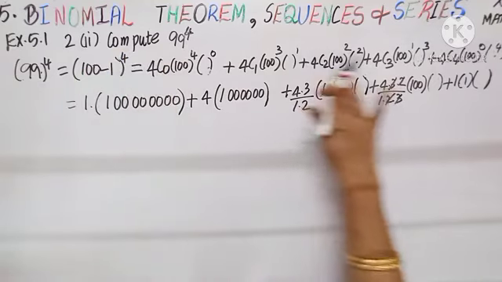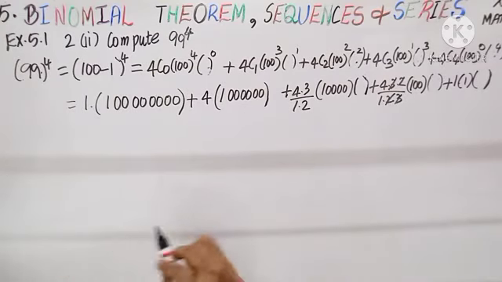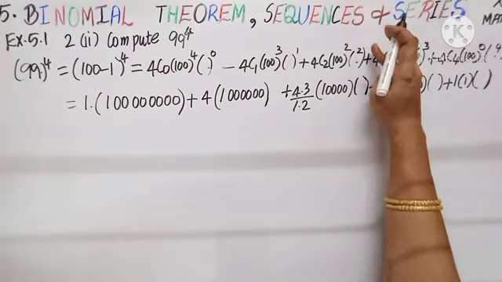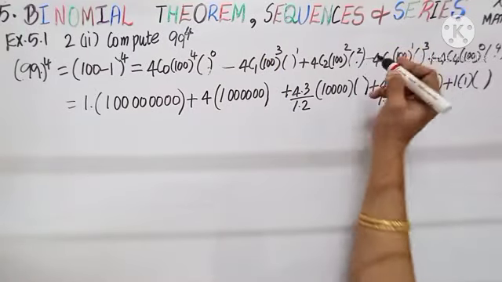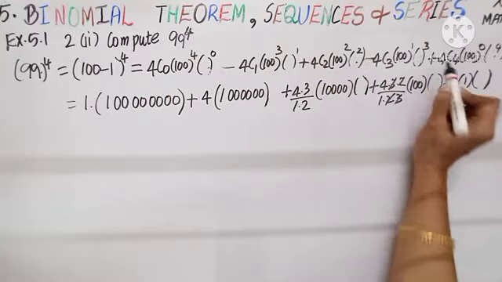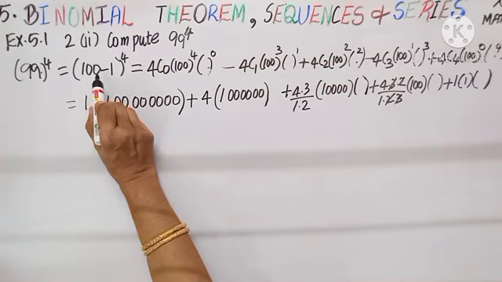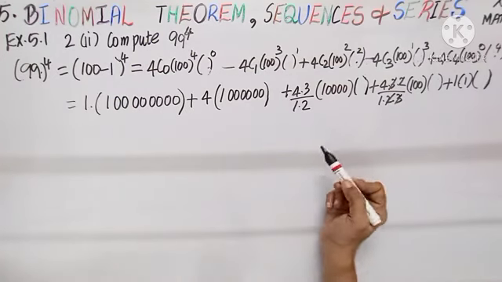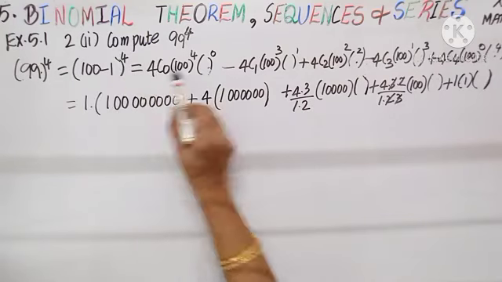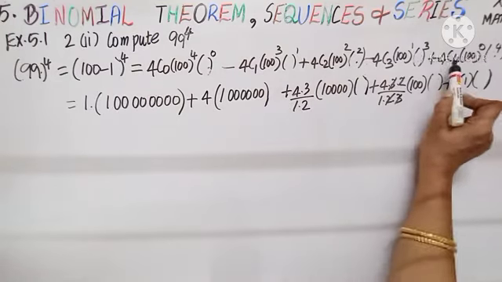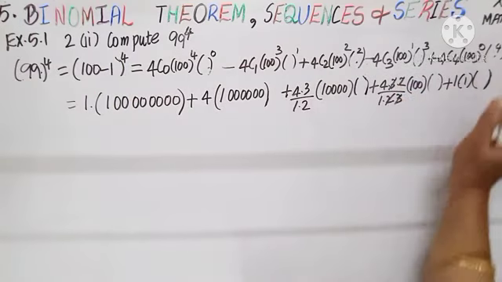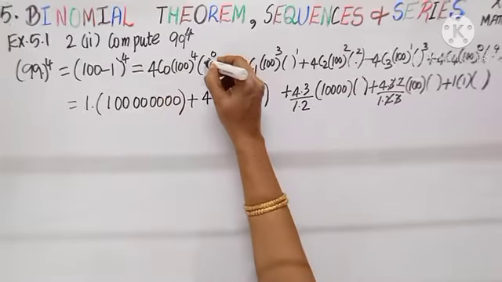So the same idea, because it is minus, alternatively it is positive and negative. Remember, first term positive, negative, positive, negative, positive. So minus tells me put minus alternatively. The next idea, 4 the power. 4C0, 4C1, 4C2, 4C3, 4C4. 100 power 4, 3, 2, 1, 0. The second number 1.